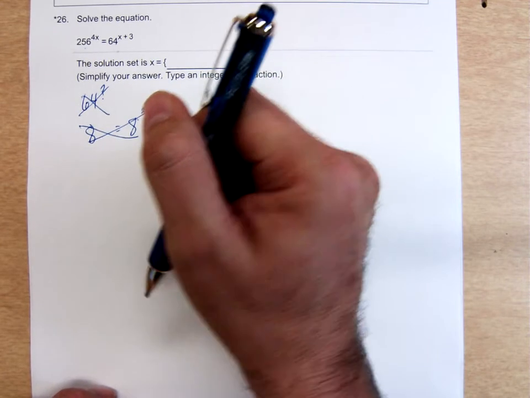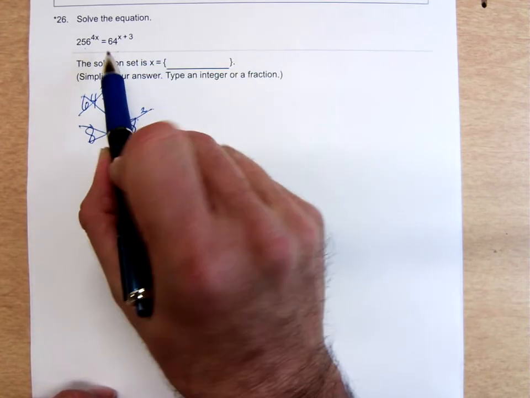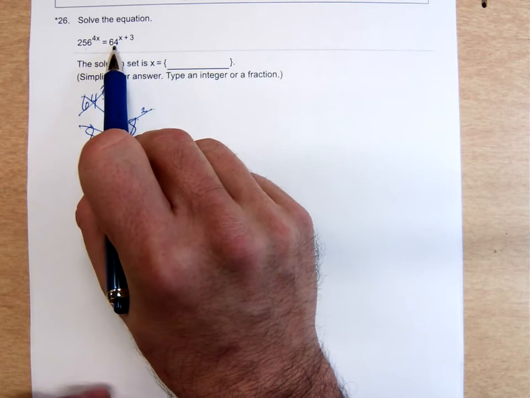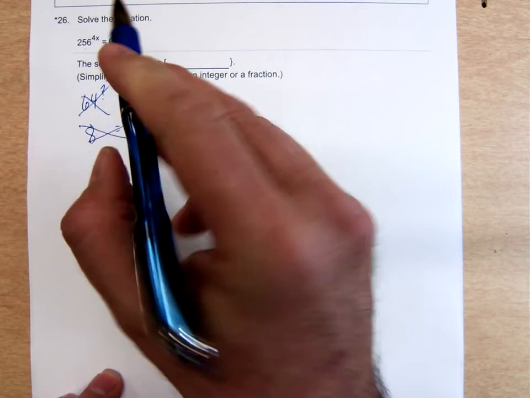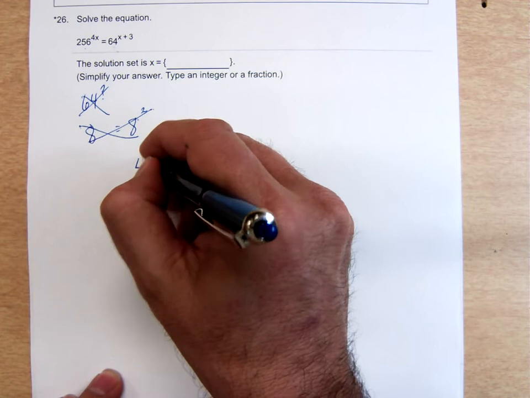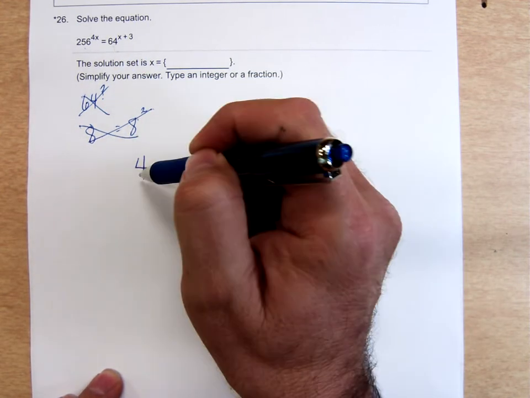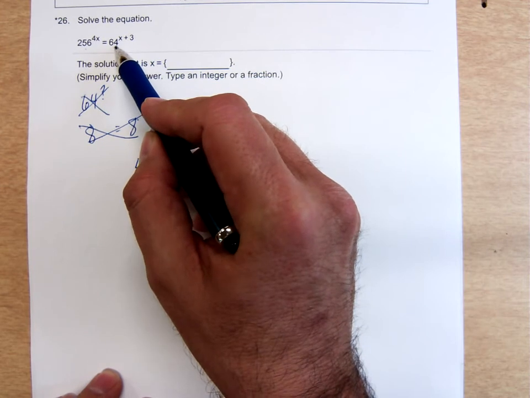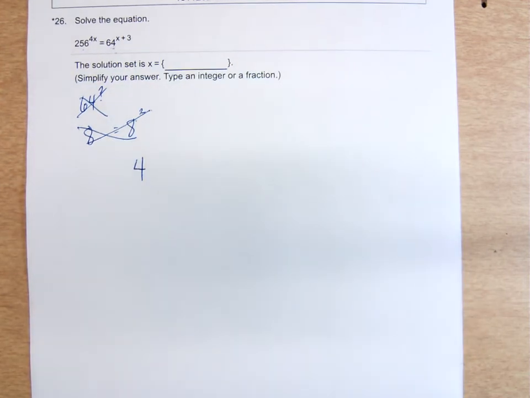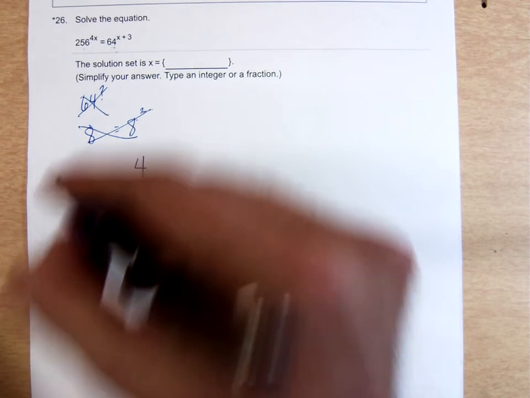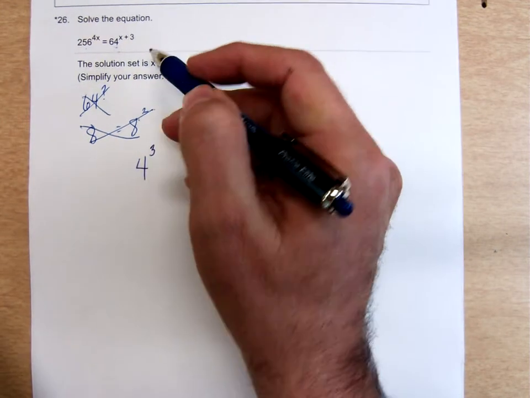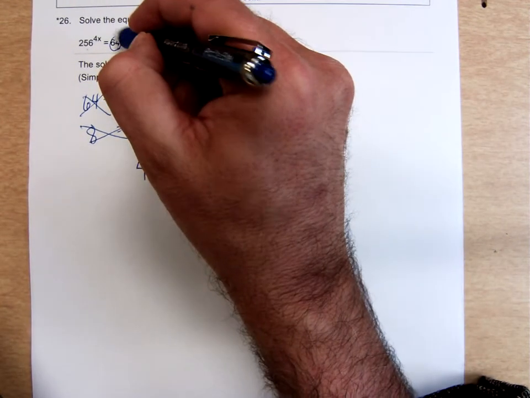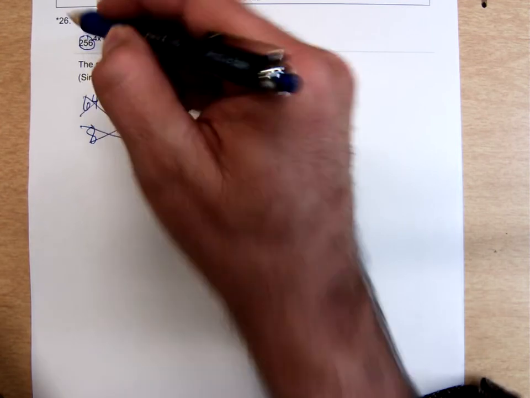Well, let's go smaller. What about 4? How many 4's would I need to multiply together to get a 64? Well, 4 times 4 is 16, times a third 4 is 64. So maybe I can rewrite the 64 and the 256 with a 4.